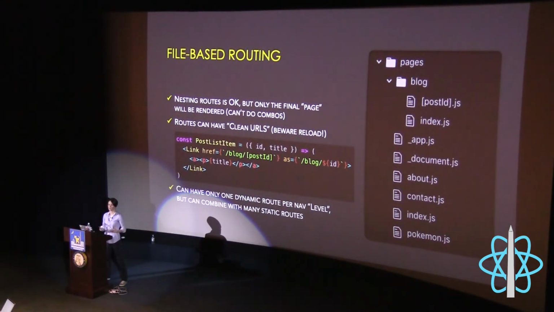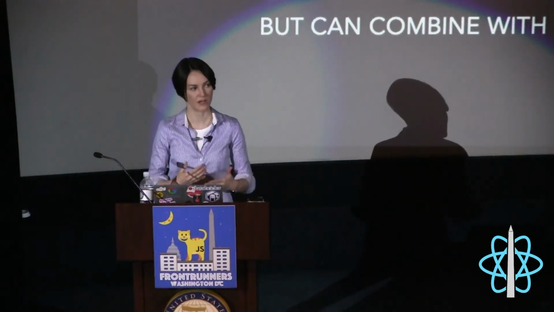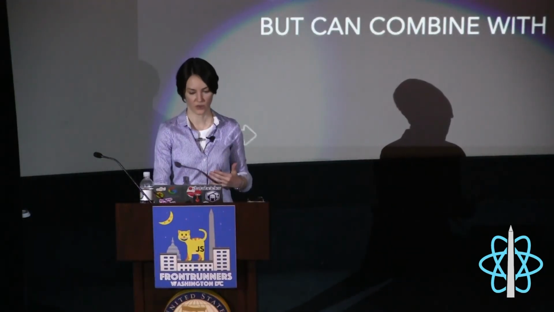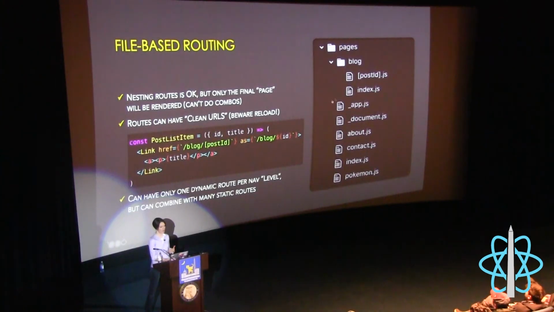The final page is the one that's rendered. So if you want to do a combination, you have to actually go in and have some fun with the app override. And again, that goes into the workshop if you want to take a look at the repo.